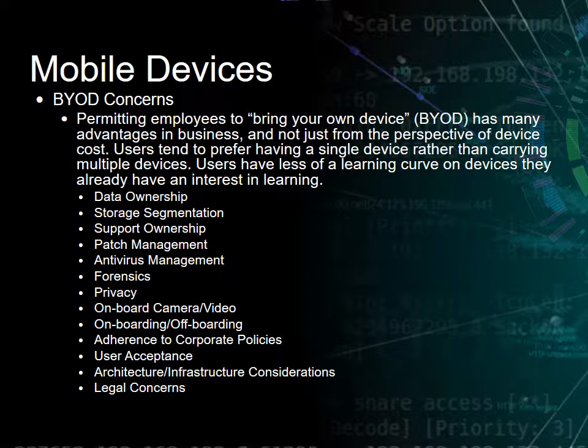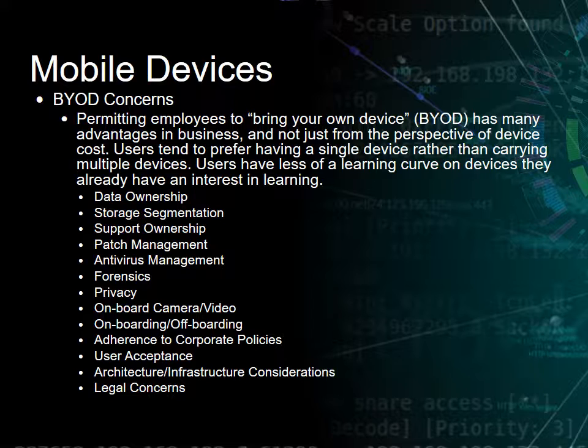And architectural and infrastructure considerations. So, how is the device going to incorporate into your wireless network within your business, or are you just going to use their cellular service to provide their data coverage for the bring your own device? And then legal concerns. It goes beyond just who owns the data on that phone, and so forth.